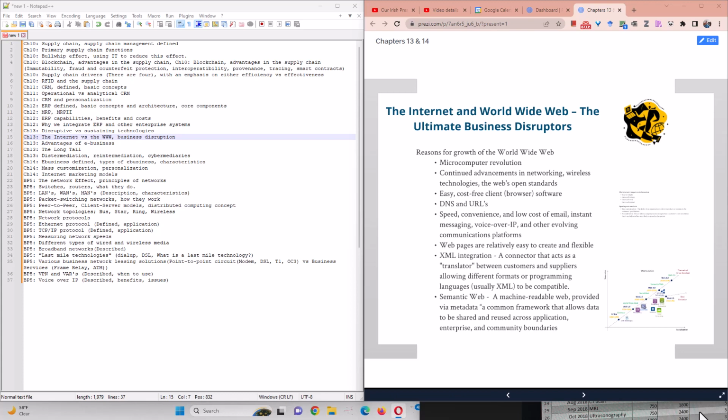And the web itself is becoming more and more like a database, also known as the semantic web. Let's see, moving forward.